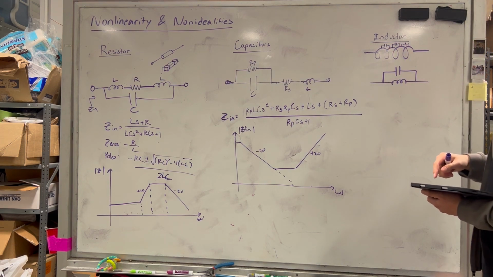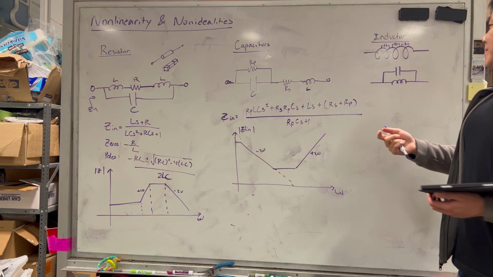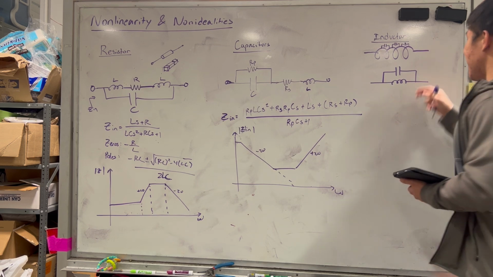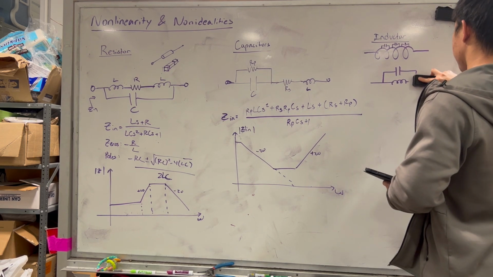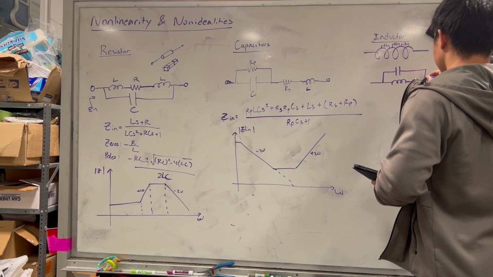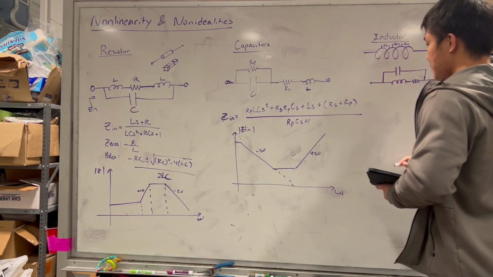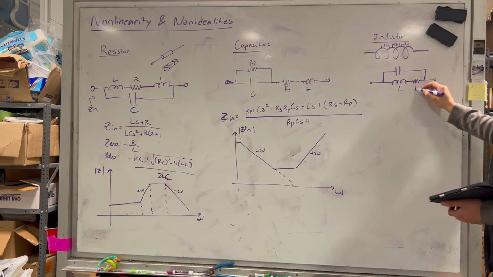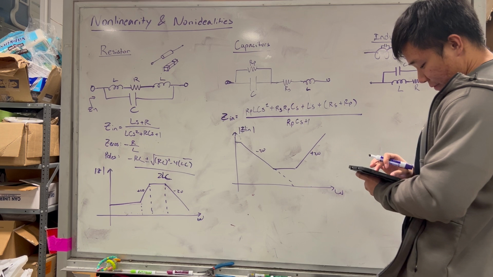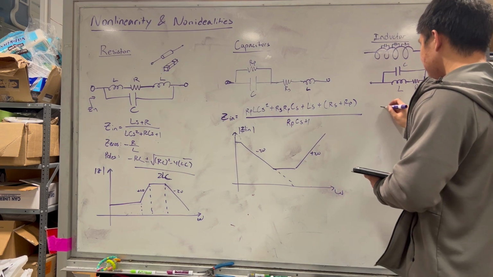And as we all know, a wire is a conductor, and a wire has some resistance itself. So we actually see some resistive value here. All right, so we see L, an R, and a C. Now, for the sake of completeness, I will write Zin for this as well.